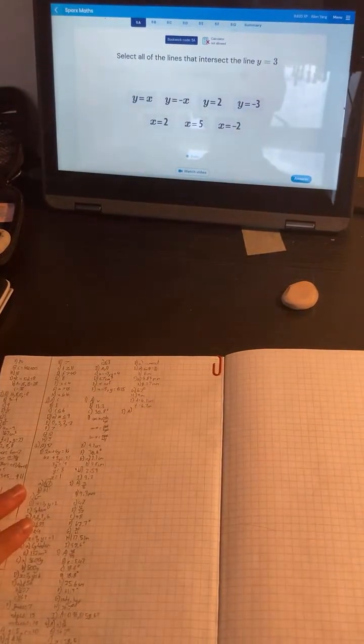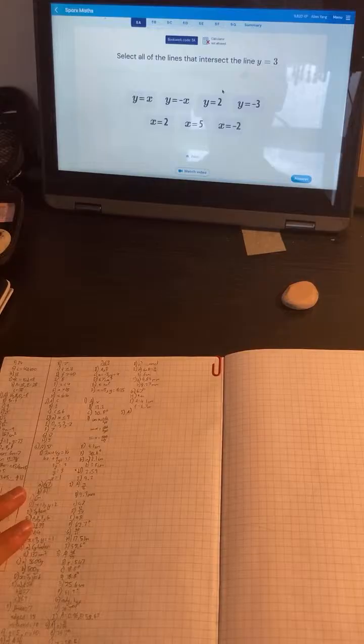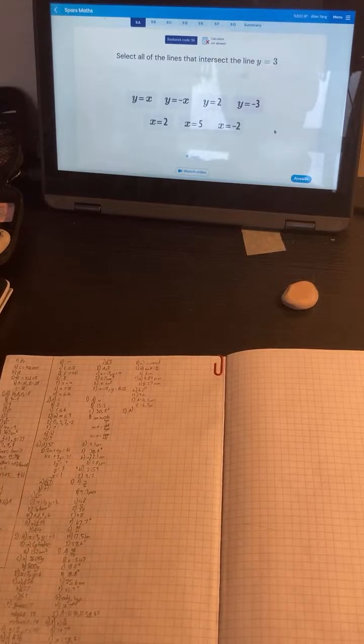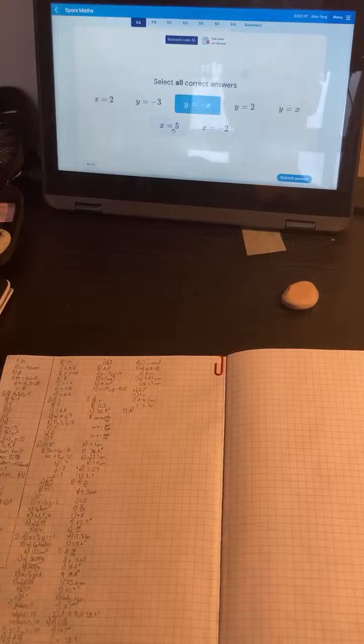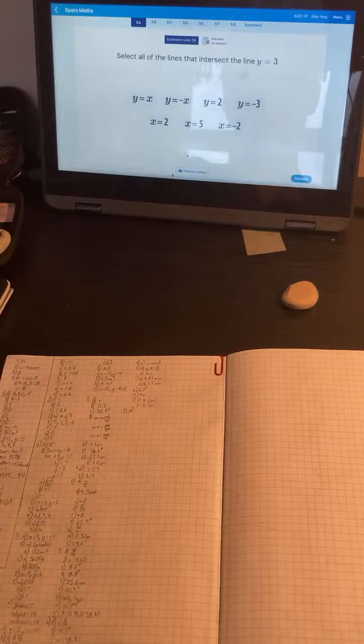Right, select the lines that intersect. I cannot be bothered. Right, so all of them that are x equals, is it a selection one? So boom, boom, boom, boom. What's the line?